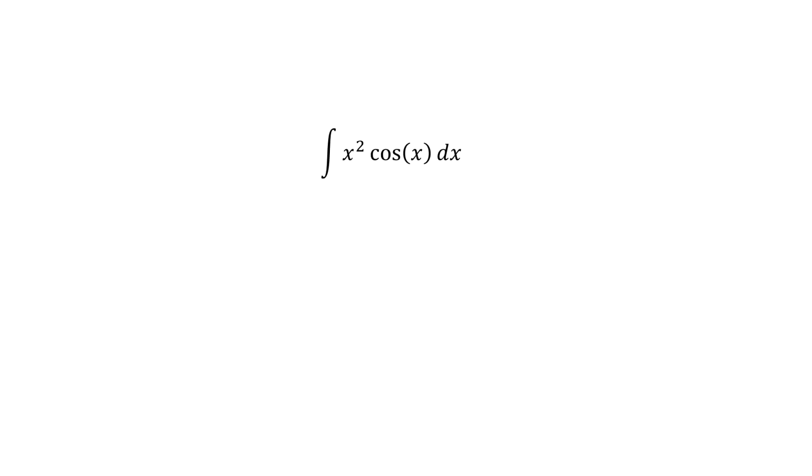Let's look at this integral. Here, we cannot use substitution, because the cosine is not multiplied by the derivative of its argument. Instead, we need to apply another technique called integration by parts. This technique is based on the product rule for derivatives, which we covered in the video on differentiation rules.